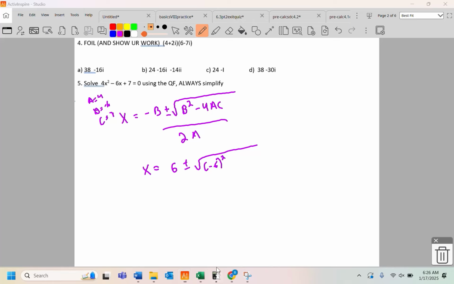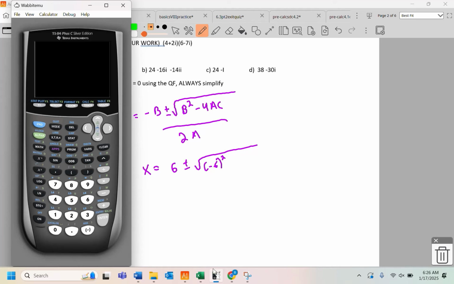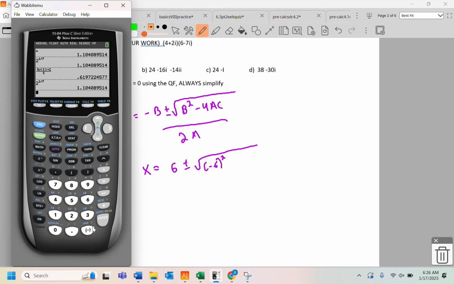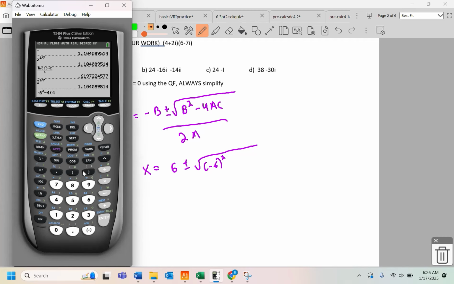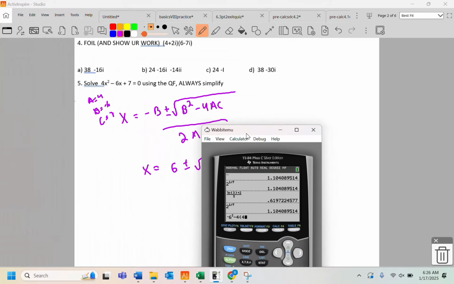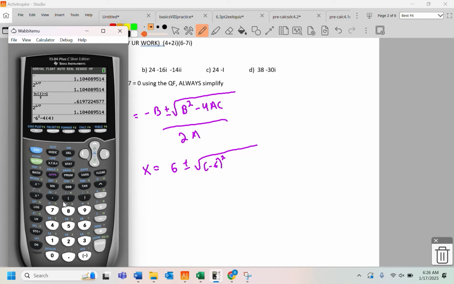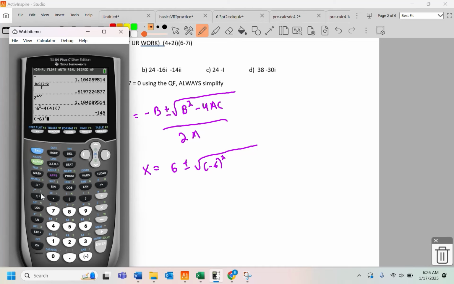The reason at least 10 of you missed this question is because you did negative 6 squared minus 4 times a, which is 4, times c, which was what? 7. That's what you did wrong when you were supposed to use parentheses. I told you that. Like, fix your issues, kids.